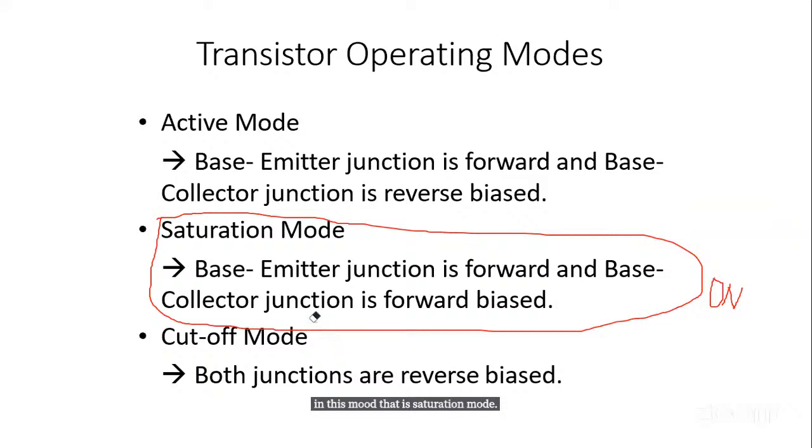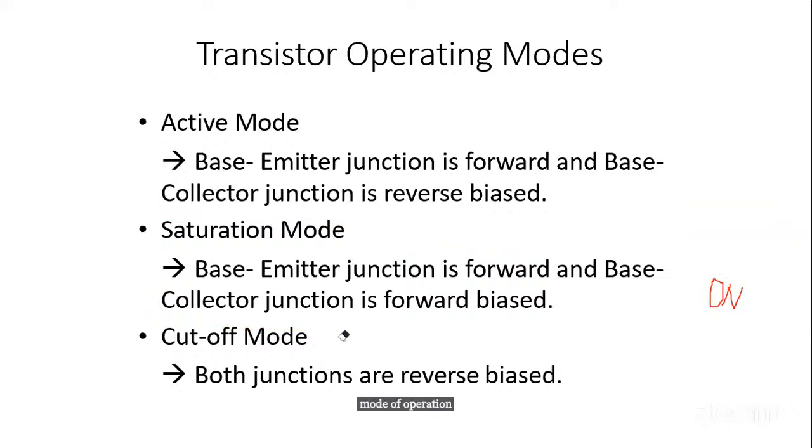And for cutoff mode, which is the third mode of operation, both junctions are reverse biased. When both junctions are reverse biased, it means that current is not flowing, and that is referred to as off mode. So a transistor can be used as a switch or as an amplifier.